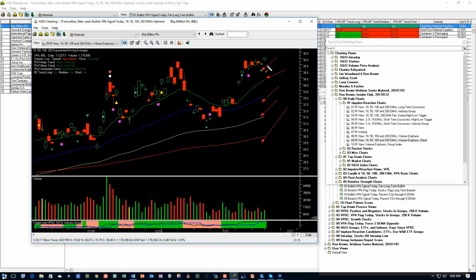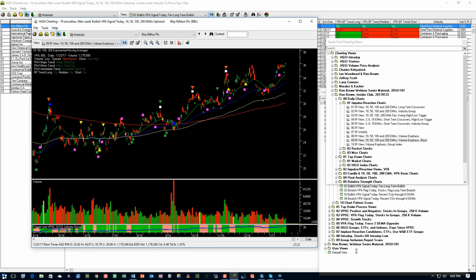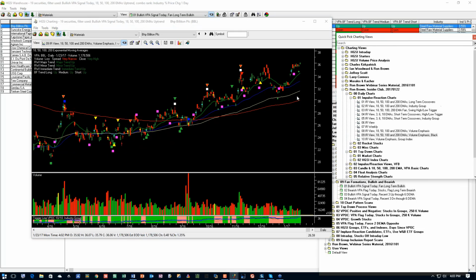So this stock passed the screen. Now what we have is a stock that I consider being in a long-term uptrend. Why? Because the fan is in place. Even here, when this 18 came down, it did not go down through the 50. So the fan is in place, and whenever there is a VPA flag on this particular screen and these moving averages are in the correct sequence, you're going to get a signal.